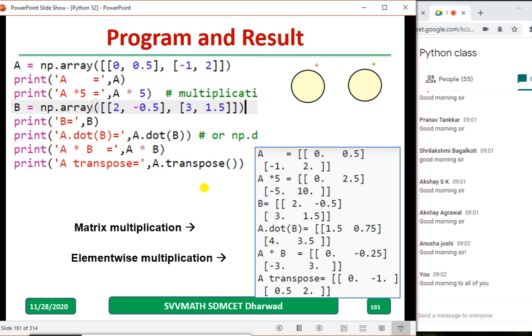A program and a result both I am showing you. Those who have not copied the program can copy it down now also. And the result I am showing you is what I got. You can even do it manually and cross-verify the function output.